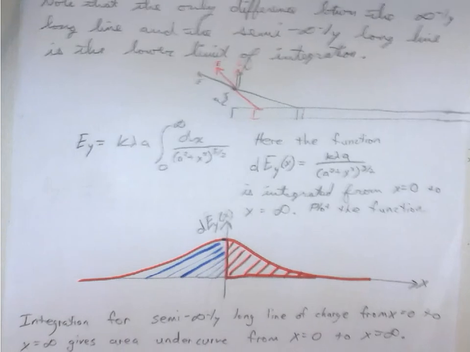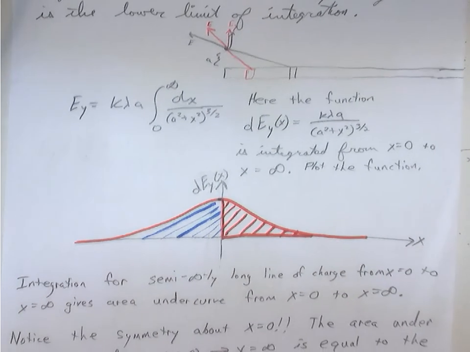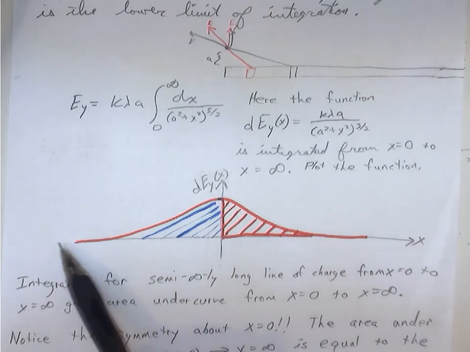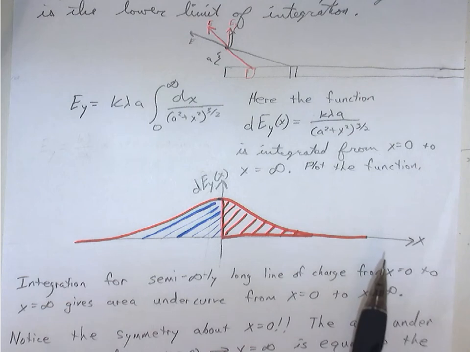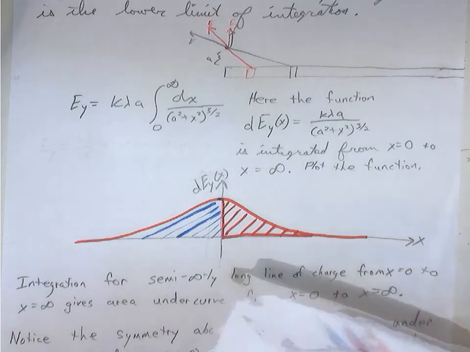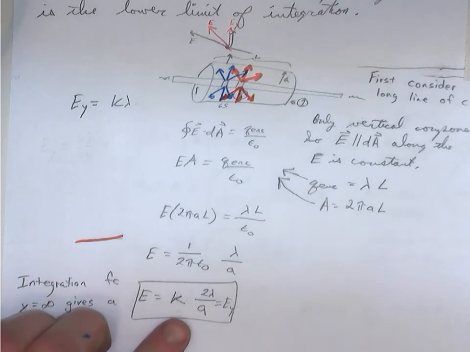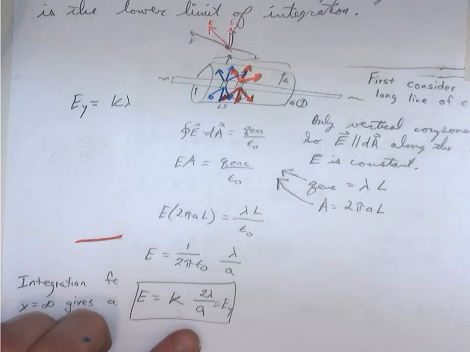Well, that's really helpful because we've already found what the result will be integrating from negative infinity to positive infinity. We did that on the first page with Gauss's law, and it was that easy expression. Remember that k 2 lambda over a.